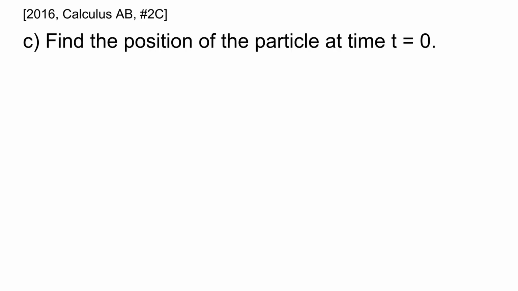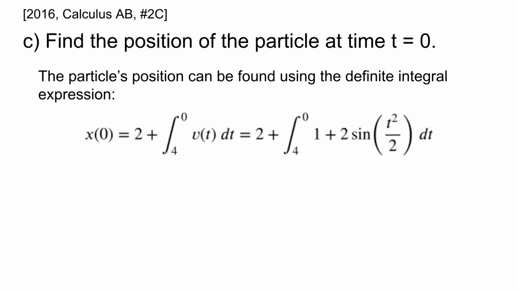In part C of this question, we are asked to find the position of the particle at t equals 0. The position of the particle at t equals 0 can be found by evaluating 2 plus the integral from 4 to 0 of v of t dt, which is 2 plus the integral from 4 to 0 of 1 plus 2 sine t squared over 2 dt.